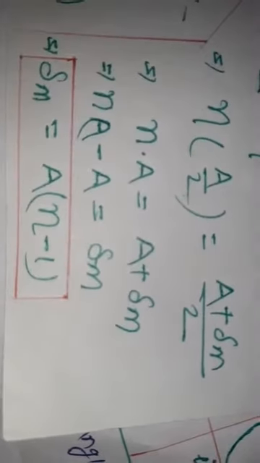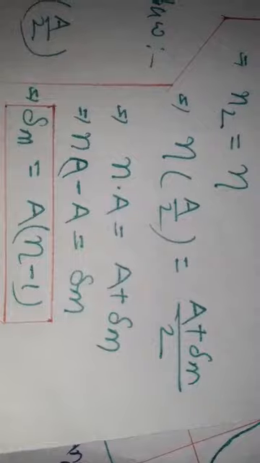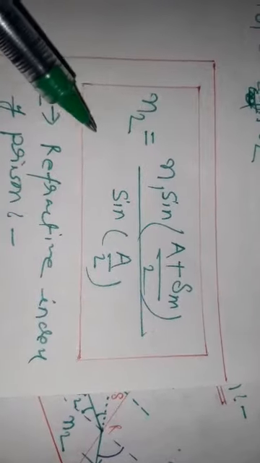Okay, so here we have the value of the minimum angle of deviation, or this is your prism formula. This term is your prism formula. Okay, so two very important derivations and formulas we have here.